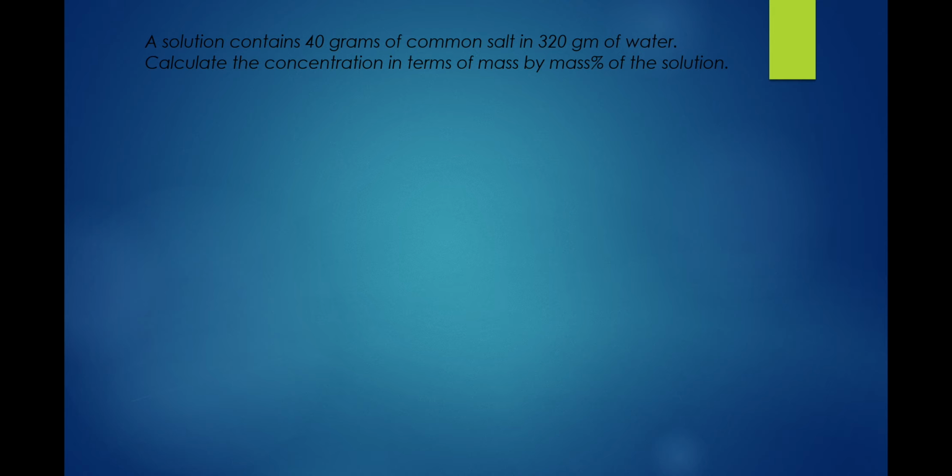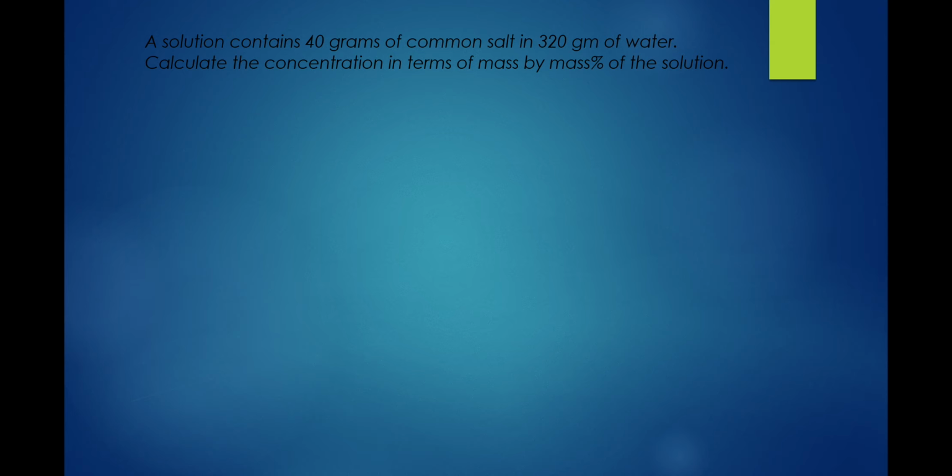Let us try to solve one example. A solution contains 40 grams of common salt in 320 grams of water. Calculate the concentration in terms of mass by mass percentage of the solution.